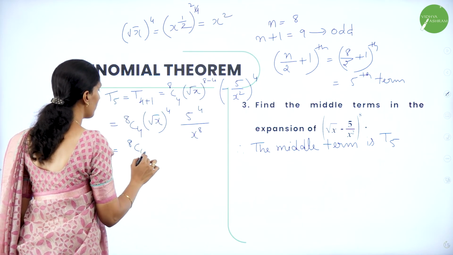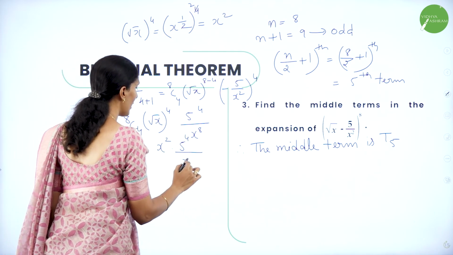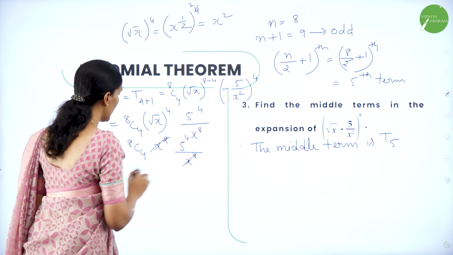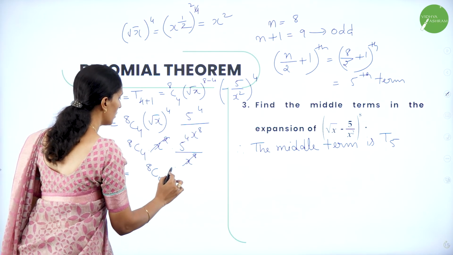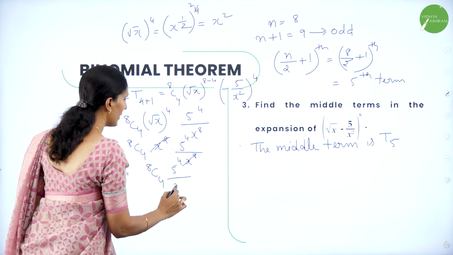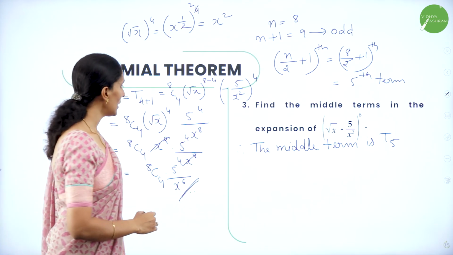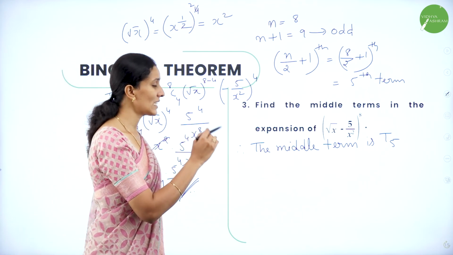So 8C4 into x square into 5 power 4 divided by x power 8. When you cancel, your answer is 8C4 into 5 power 4 divided by x power 6. So your middle term value is 8C4 times 5 power 4 by x power 6, which is T5.